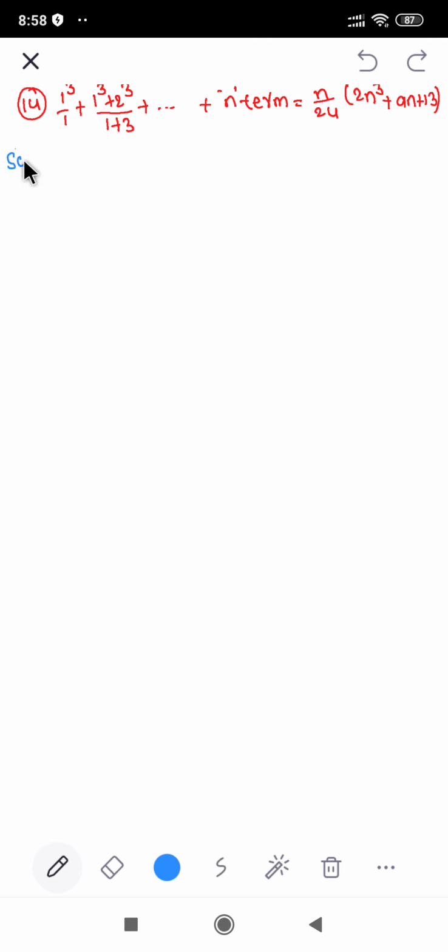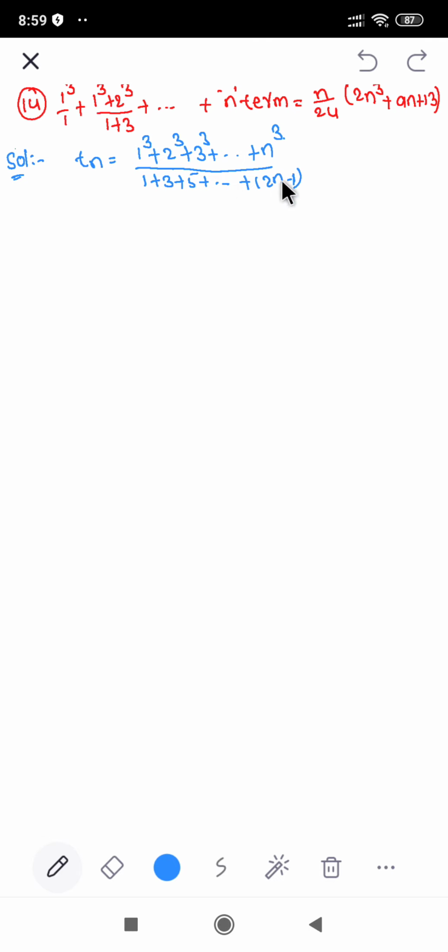For this one, solution. Here we need to calculate the nth term. Nth term Tn: first term 1 cube, second term is added to the previous term, 1 cube plus 2 cube, third term 1 cube, 2 cube, 3 cube, and so on. Our nth term is numerator summation n cube, by denominator 1 plus 3 plus 5 up to and so on. This can be written as 2n minus 1, odd terms.